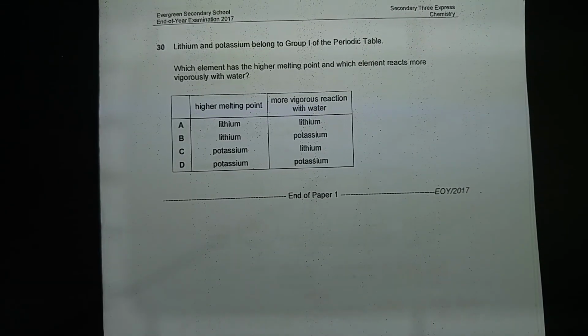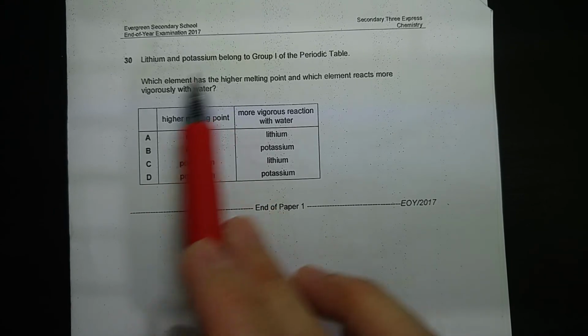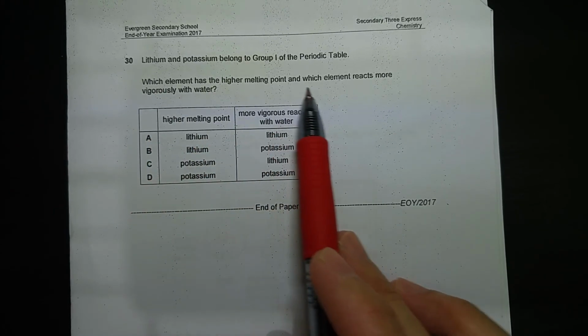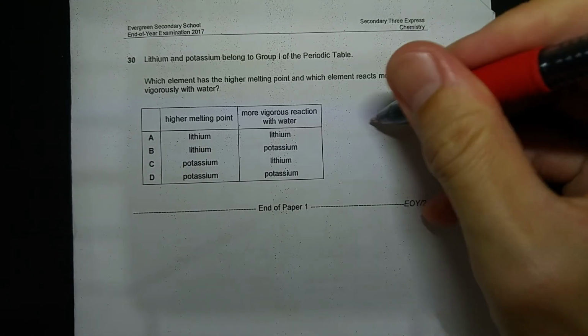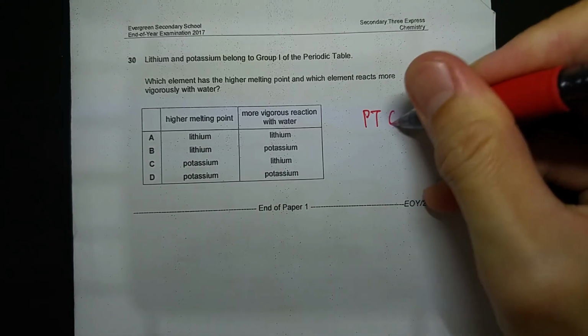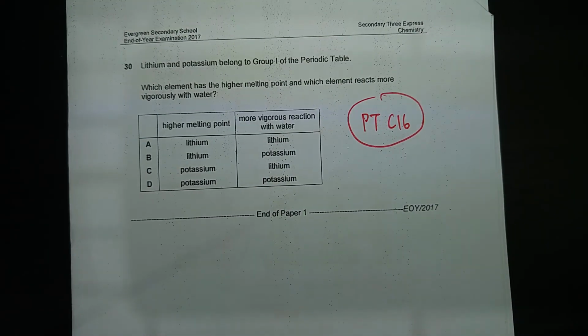A. Okay, number 30. Lithium and potassium belong to group 1 of the periodic table. Which element has a higher melting point and which element reacts more vigorously with water? Now, this one is from the periodic table chapter, which is chapter 16. You need to know the trend of group 1.